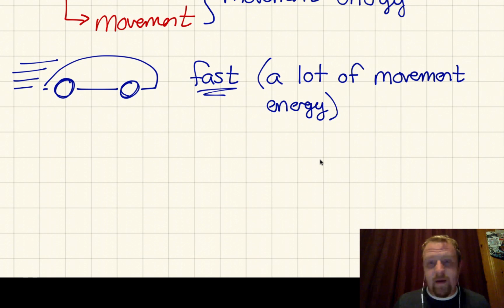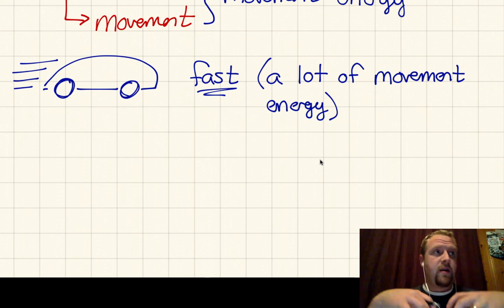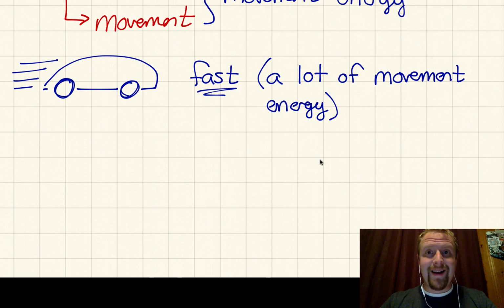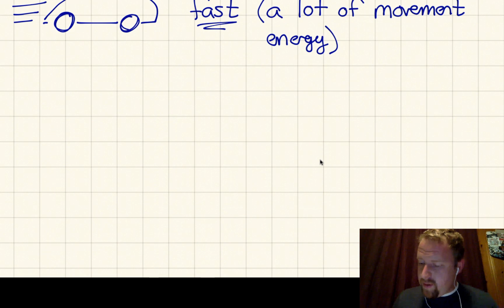Vice versa, if the object is going slow, you might say it has less movement energy. So we have to be careful when we're talking about kinetic energy about how fast or slow something is going, and in terms of its energy, that will tell us how much movement or kinetic energy it has.